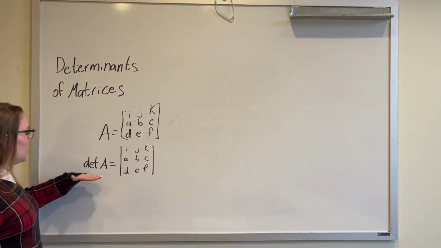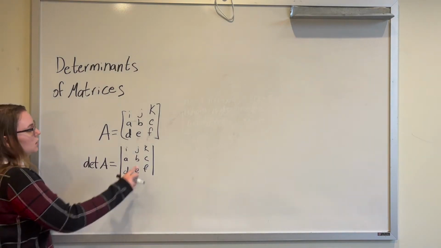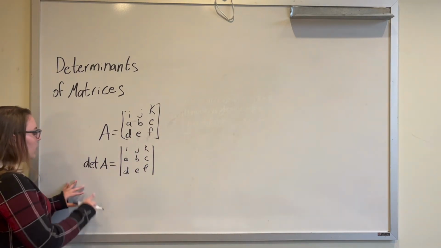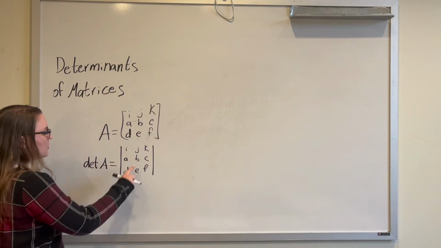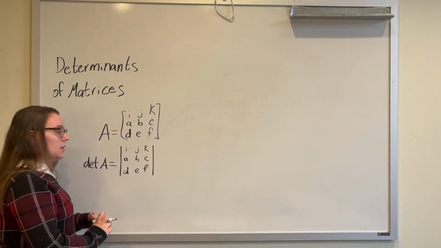When we find the determinant of a matrix, we can either write det before the matrix, or we can say determinant of A is equal to the matrix, but instead of using the brackets here, we write single lines on either side.